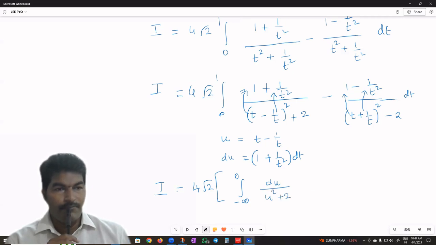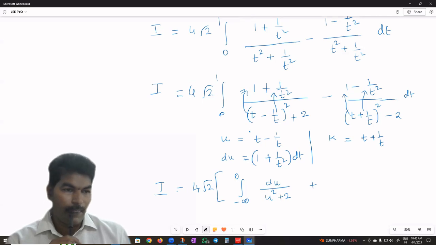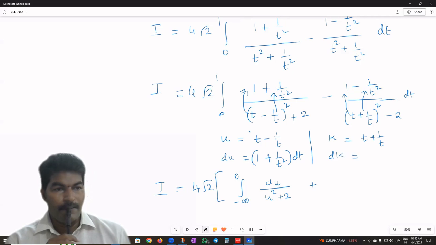And if you see the second part, take some k, k something. You can take anything. T plus 1 by t, take it as k. Then automatically dk will be t derivative 1 and minus 1 by t square dt.